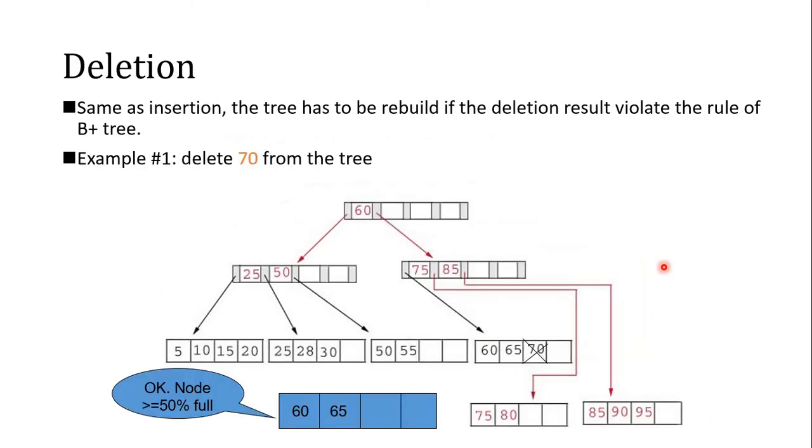So now we will do some delete operations here. If we want to delete 70 from here, the value 70 is here, right? So 70 is already here. Now you have to remember one thing: whenever you want to delete some value from the data node, you have to check whether this value is also in the markup level or not.